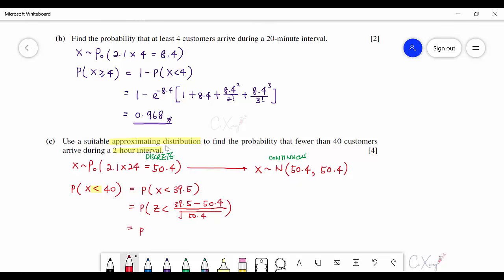From here you will get z smaller than negative 1.535. Then you need to find the probability value from the normal distribution table. It should be 1 minus 0.9376, and eventually you will get 0.0624.